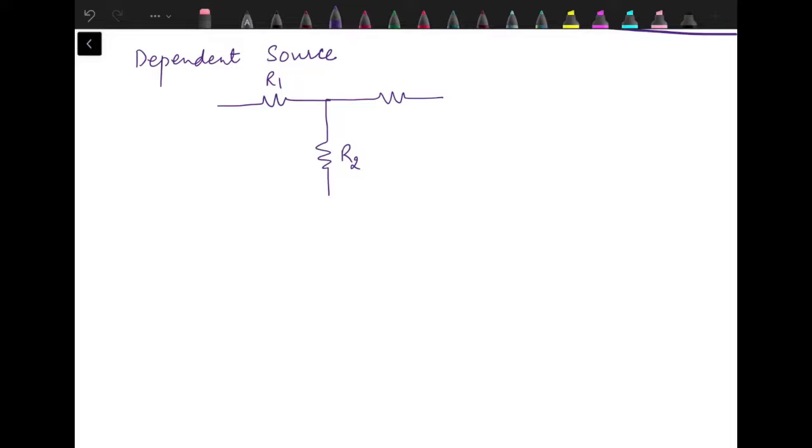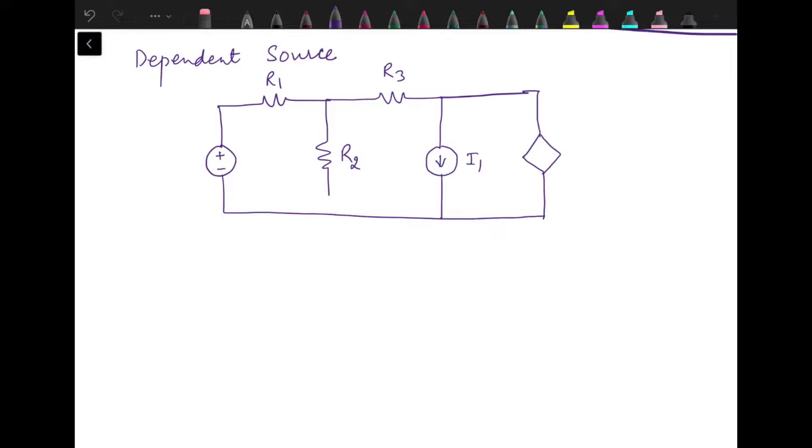If we have only dependent source in the circuit, that will not supply us any voltage or current because they are dependent upon the voltage or current across different circuit elements, which is totally dependent upon the voltage or current supplied by independent sources. We can't replace them by their internal resistance because we don't have any idea.